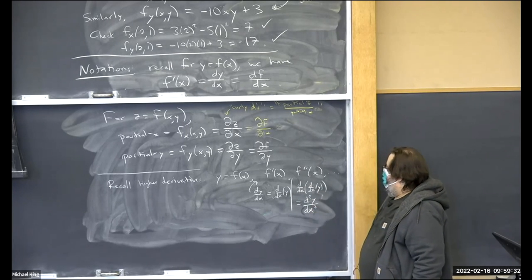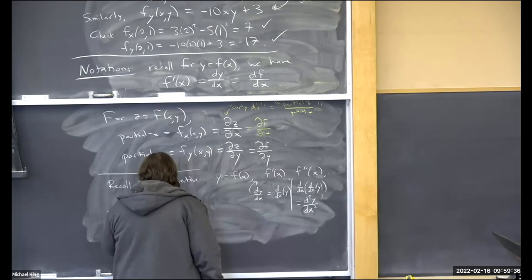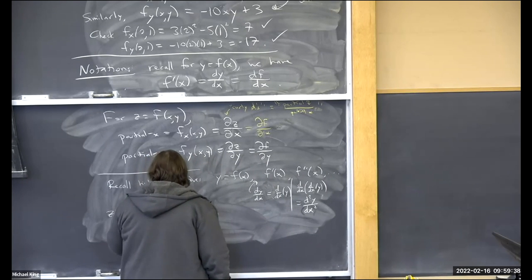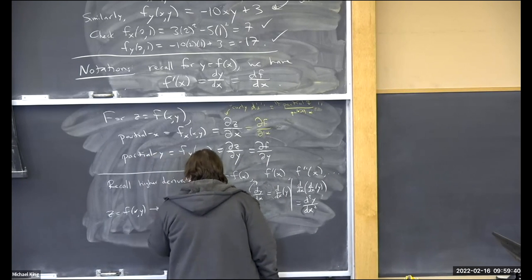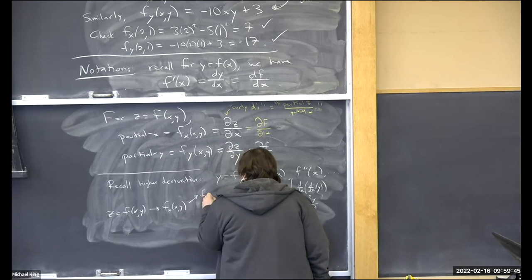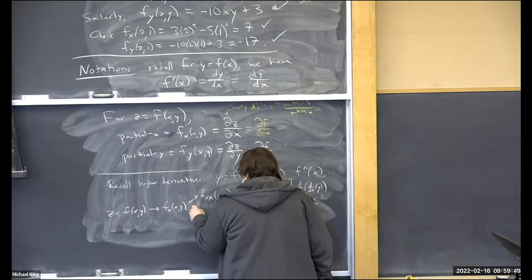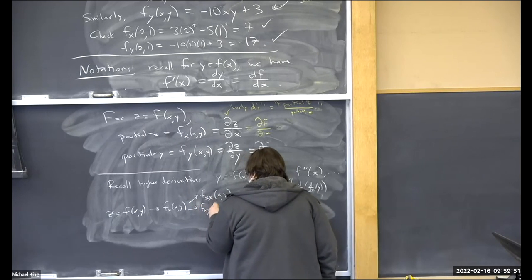When you have z equals f of x comma y, you can have fx. You can have second derivatives. I could differentiate with respect to x twice. I could differentiate with respect to y.